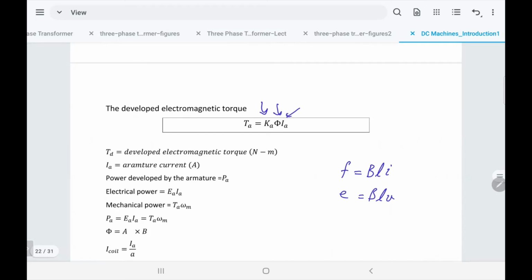Somebody else may like to use N. What's N? Revolutions per minute. That's another way for the speed. If you want to use Ka for both, you have the same numerical values but different units, so it's better to use omega in both.